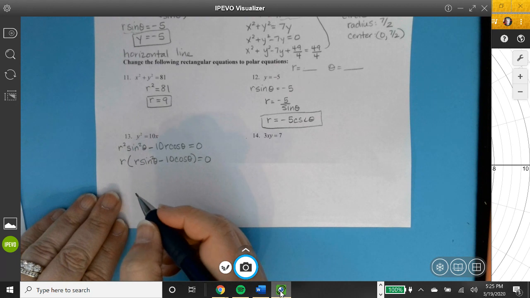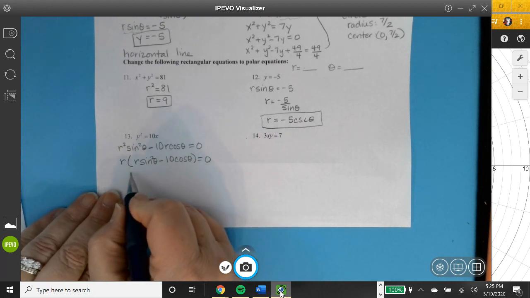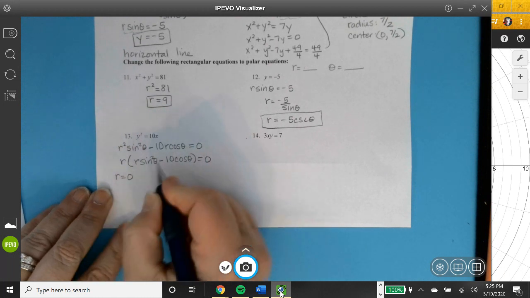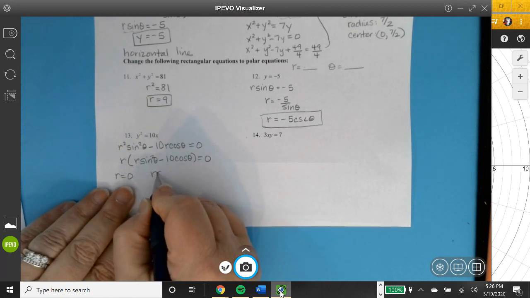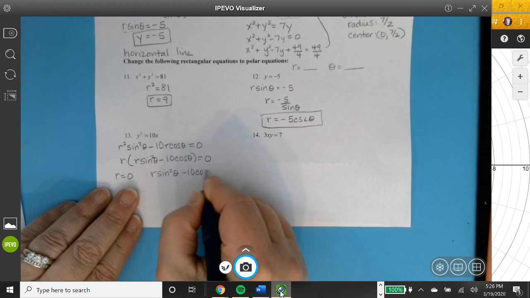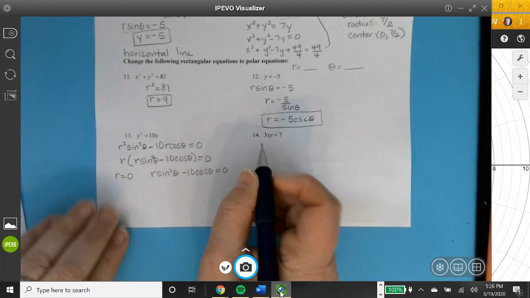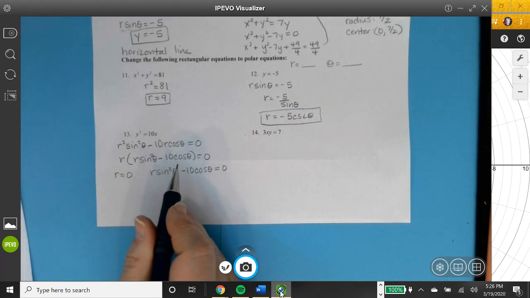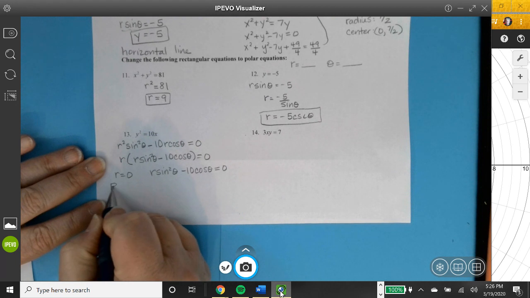Okay, now, what happens now is I have two possibilities. I have r equals 0, or I have r sine squared theta minus 10 cosine theta equals 0. Now let's talk about what r equals 0 is. That means I have no radius, which means this is the pole.